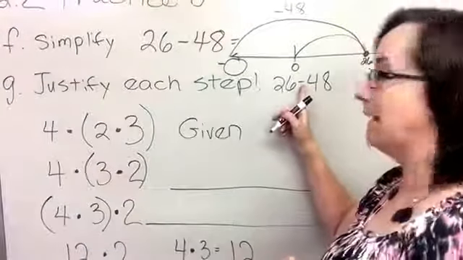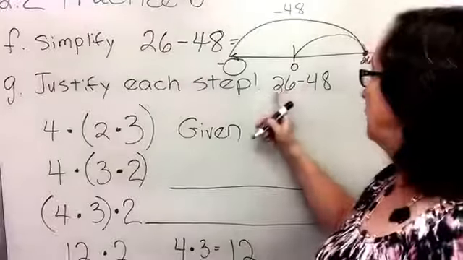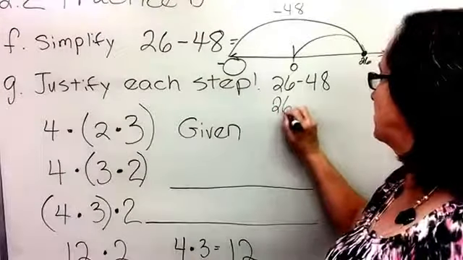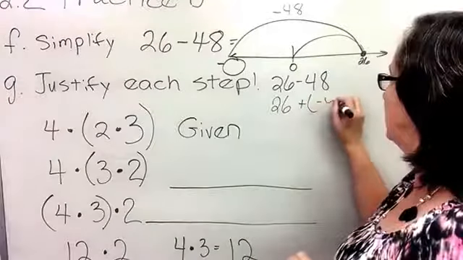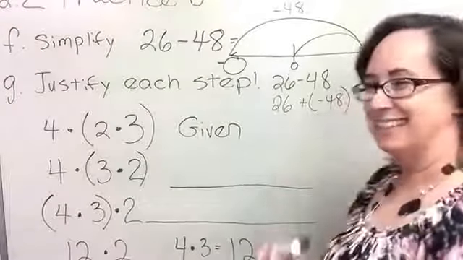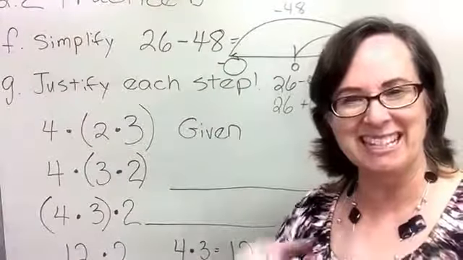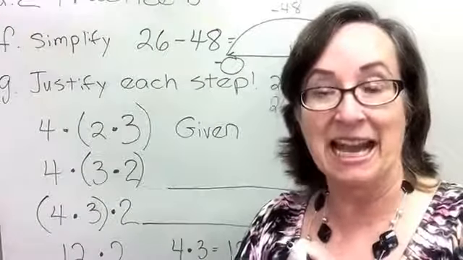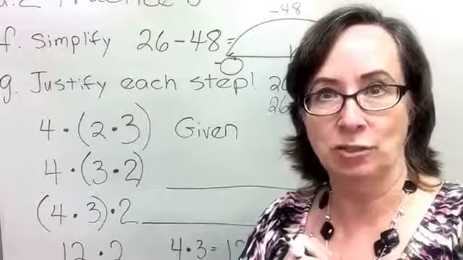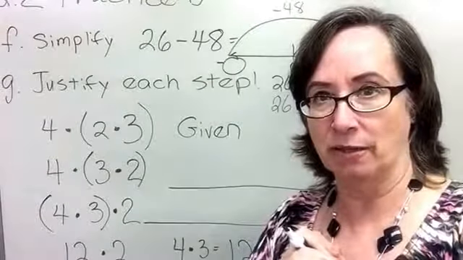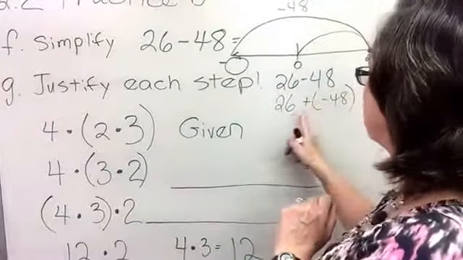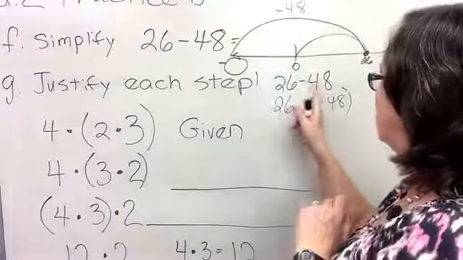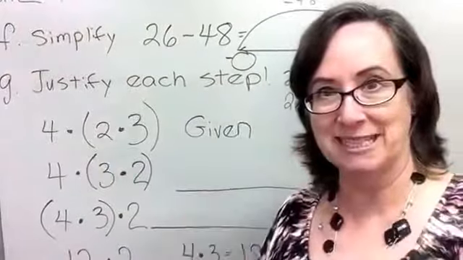So instead of 26 minus 48, I'm going to say 26 plus a negative 48. Essentially, all I'm doing is attaching the negative number to the number behind, right? I'm connecting it to the second number. So remember, that second number is called the subtrahend. Minuend, subtrahend, difference is the answer.